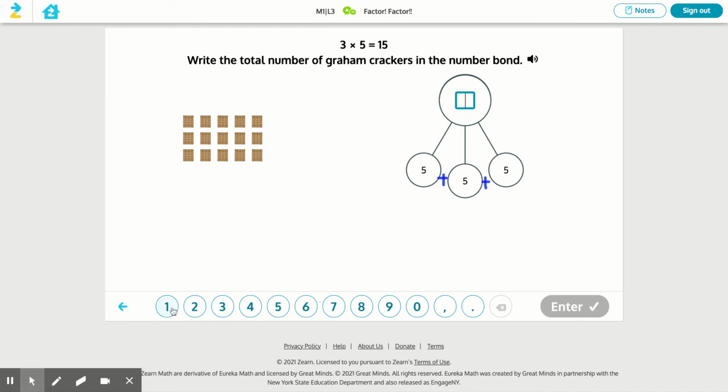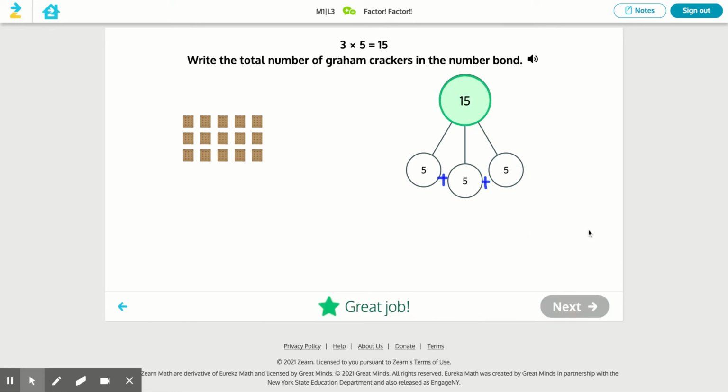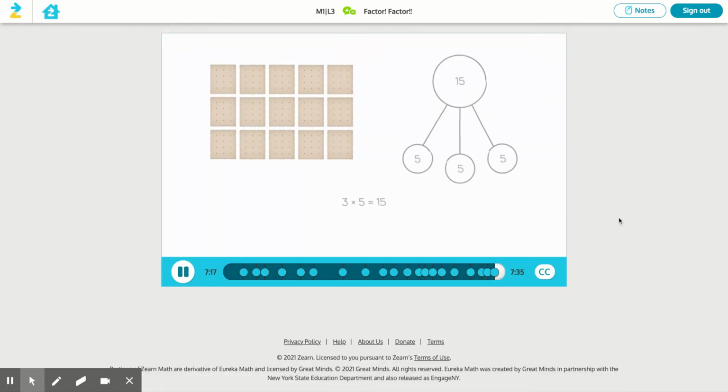I hope you said that this number should be 15 because 5 plus 5 is 10 and 10 plus 5 is 15. Three groups of 5 is 15. We can see that in the array and the equation.